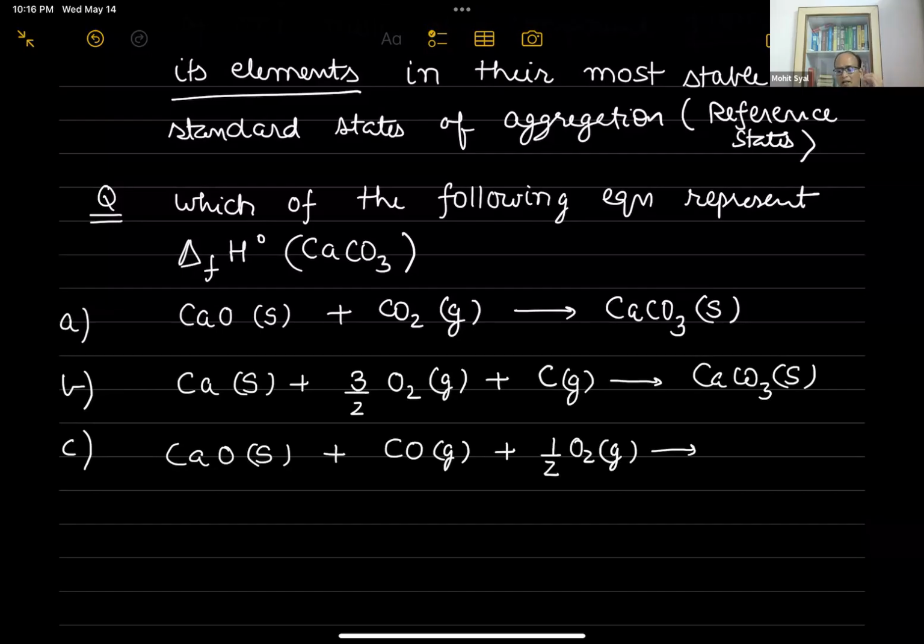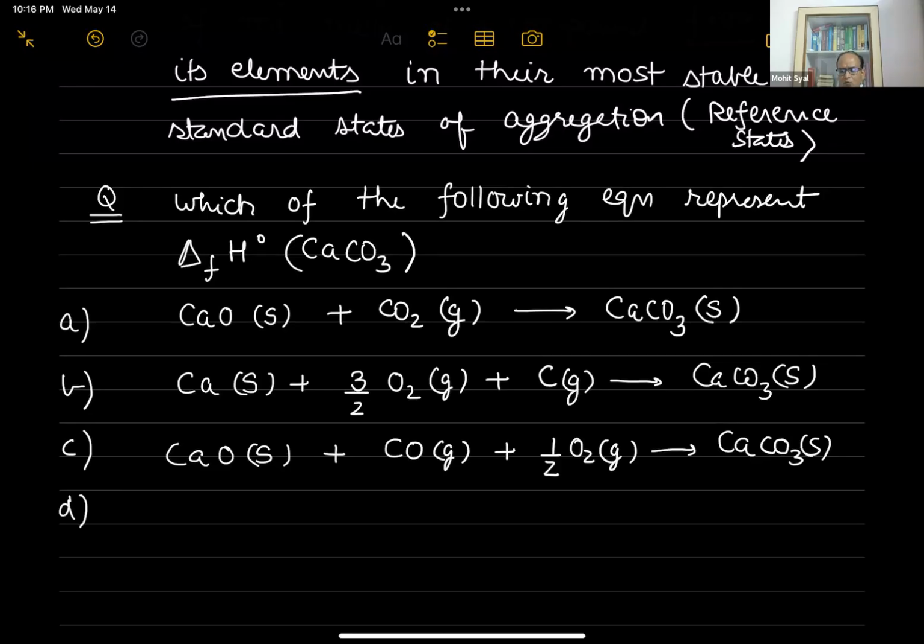So if I want to write the equation which can correctly represent the enthalpy of formation of calcium carbonate, what should that equation be?